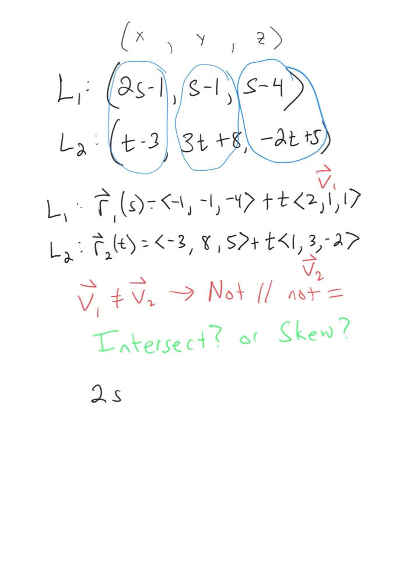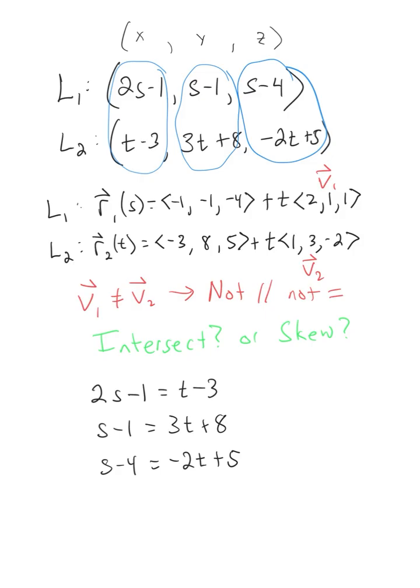So 2s minus 1 equals t minus 3. The second equation in our system would be s minus 1 equals 3t plus 8. And the last one, s minus 4 equals -2t plus 5.